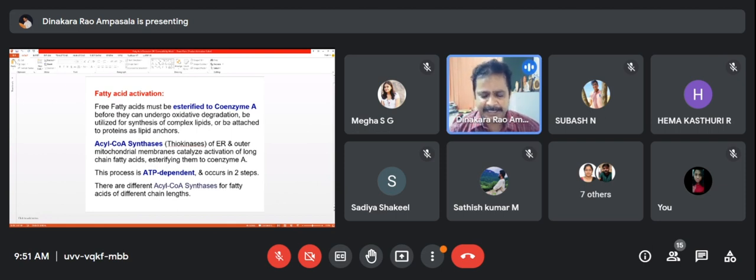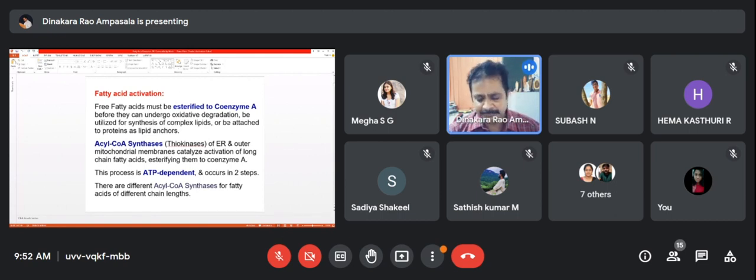Okay, the esterification will be done by an enzyme called Acyl-CoA synthetase. Thiokinases, otherwise we can call Acyl-CoA synthetases, are the enzymes. Those use coenzyme A molecule and attach to free fatty acids.